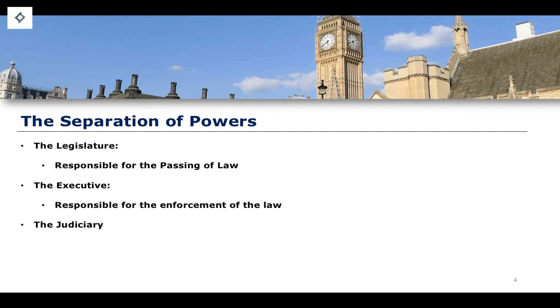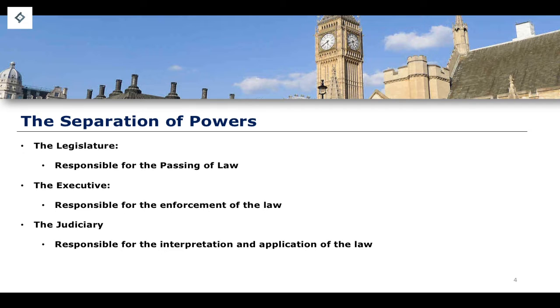The judiciary is of course situated and housed within the various judges and courts that exist in the UK's constitutional setting, the highest of which being the UK Supreme Court. There are various other courts of appeal as well, and the judiciary is responsible for the interpretation and the application of the law. They apply the law to facts, they interpret legal precedent, they interpret legislation that has been passed by Parliament.